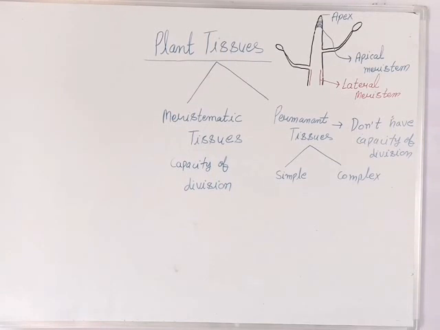In the introductory portion you have to write about tissues, and meristematic tissues and permanent tissues we started in detail. We are going to discuss all the points one by one. Today I taught you about meristematic tissue, and in the next video we will discuss permanent tissue.